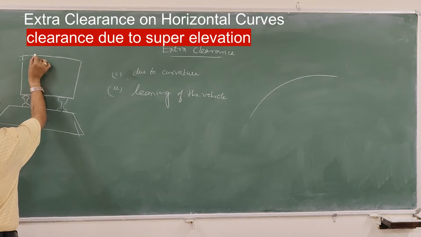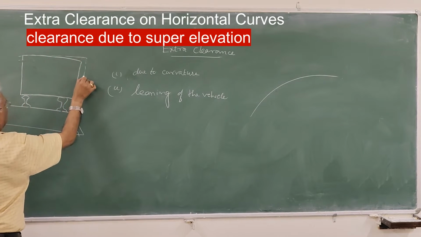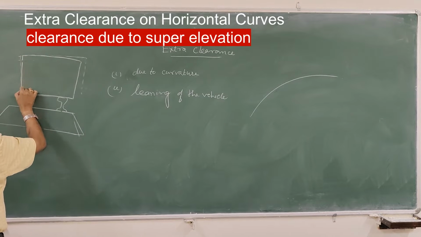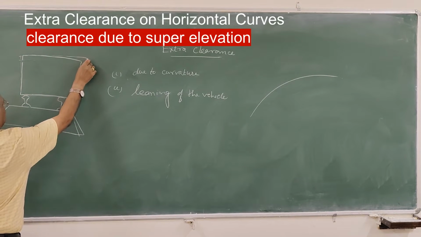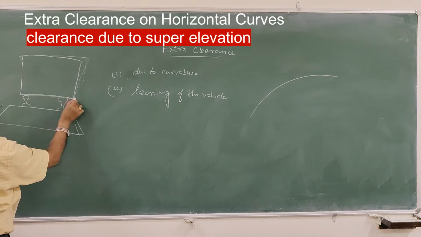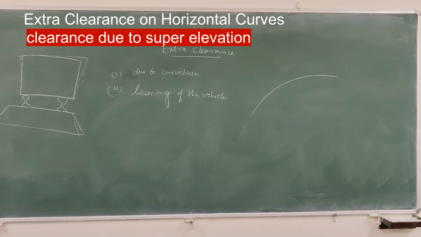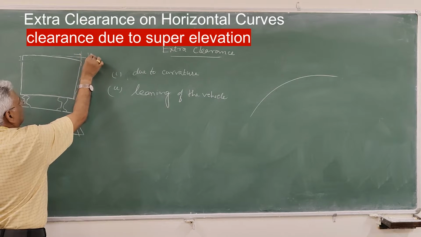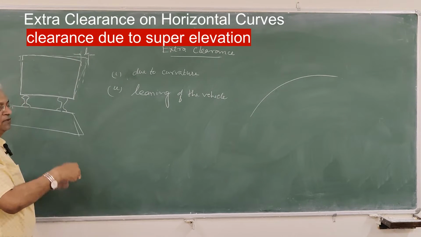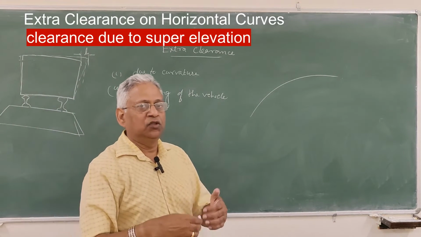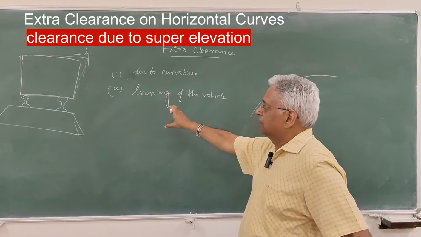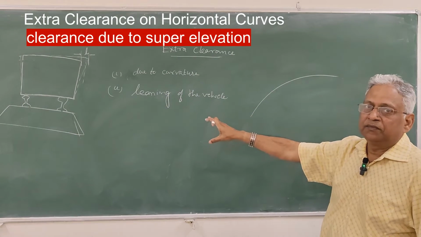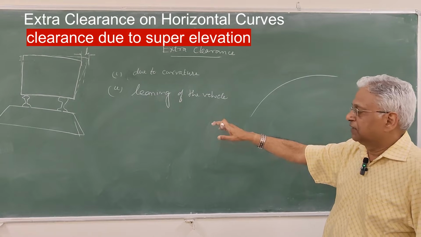Now this is basically the leaning of the bogie. This amount is because of super elevation, that is the lean. So you need extra clearance inside the curve because of super elevation.